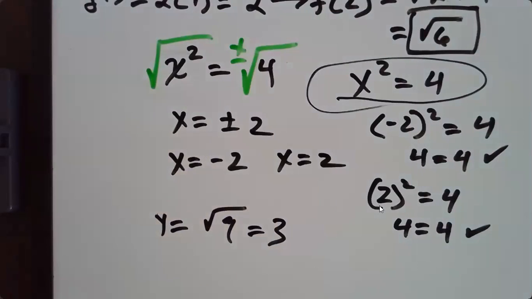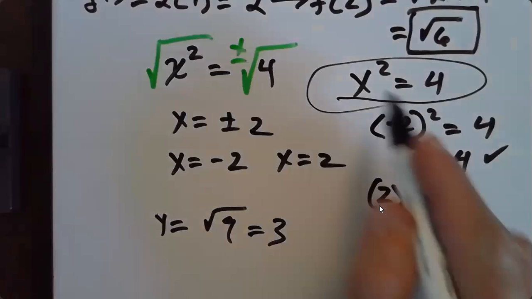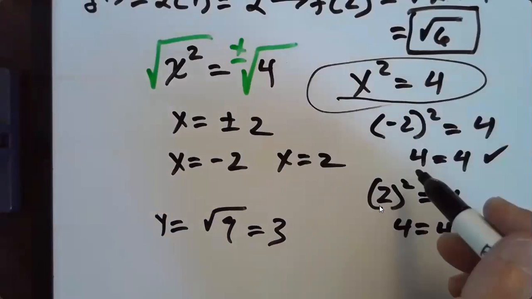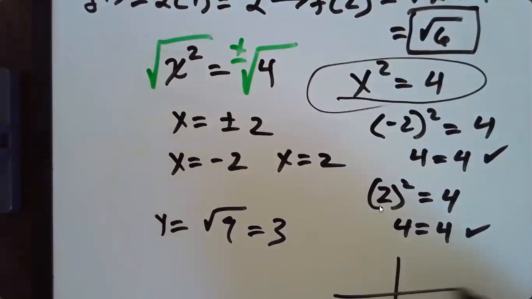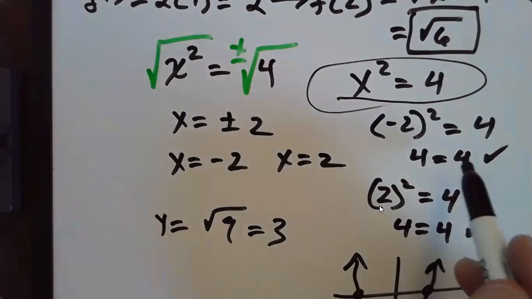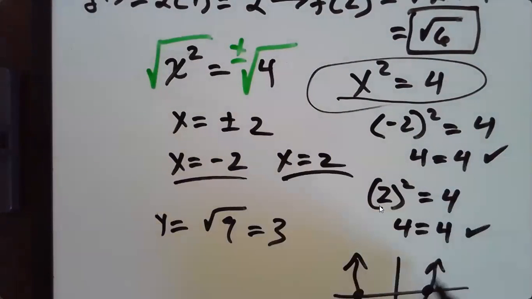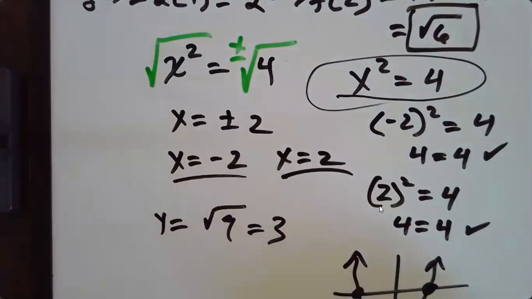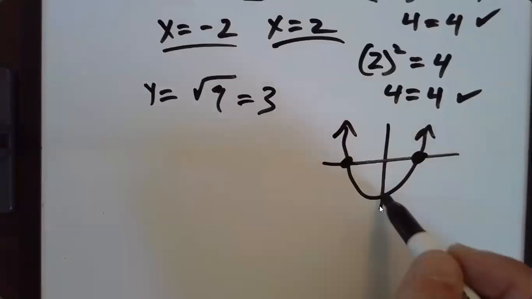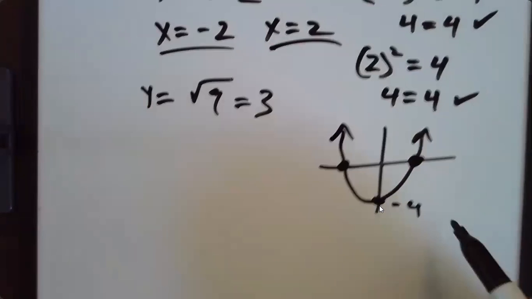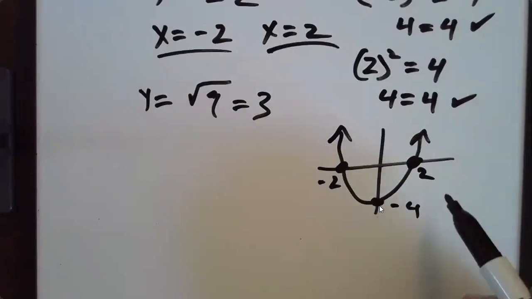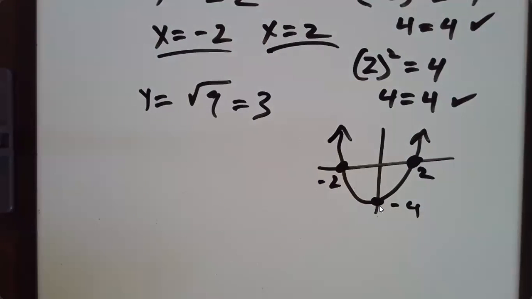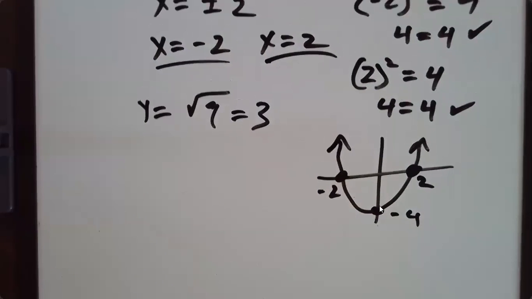And graphically, the square root of x squared equal 4 would look something like this. And basically, these two here are the x-intercepts. So that's another reason this would be negative 4 here. So this would be negative 2 and positive 2. All right, so that's another reason why it's plus or minus.